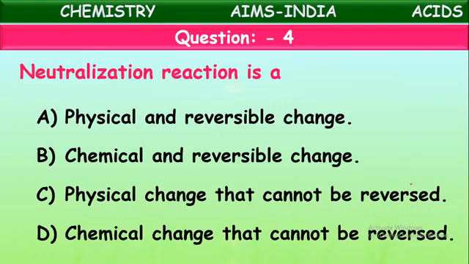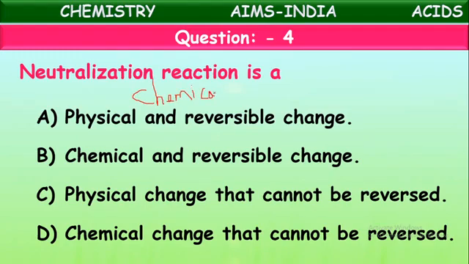Physical change means there will be no change in the chemical composition. But what is happening in neutralization? An acid and base are reacting together to form salt and water. So new substances are formed. Then we can say it is a chemical change. So neutralization is a chemical change.